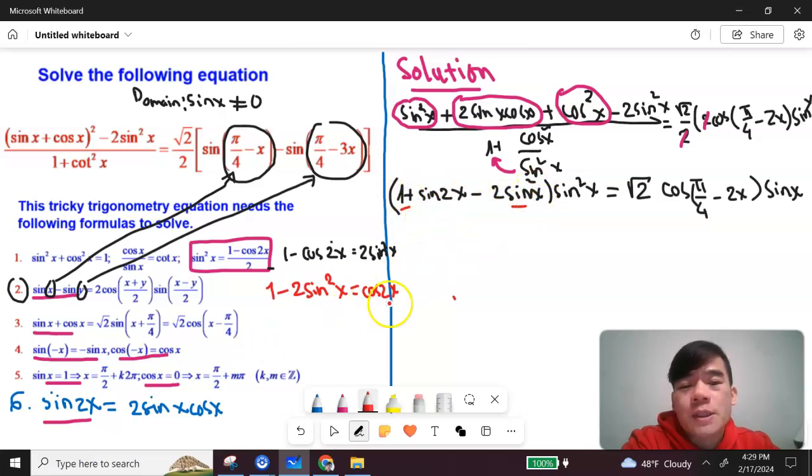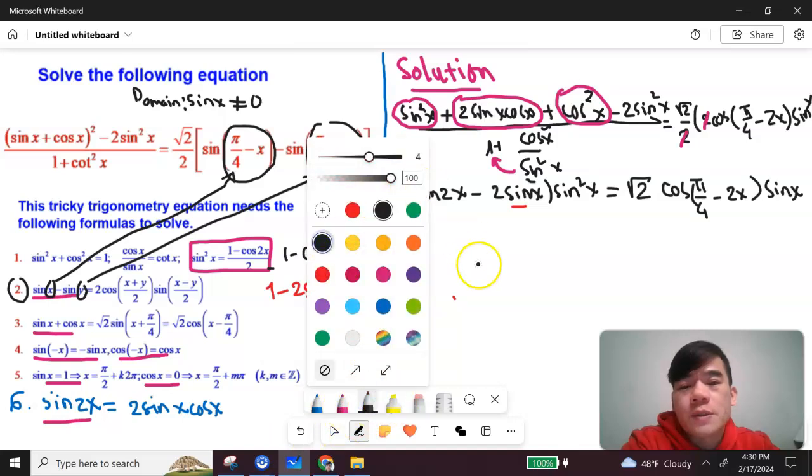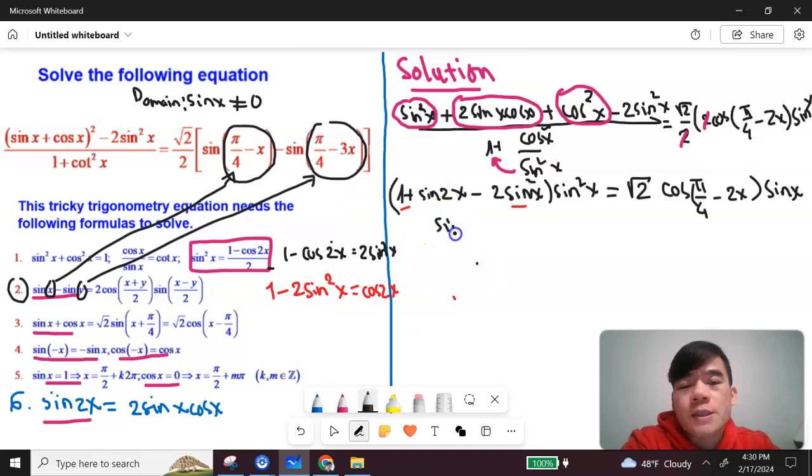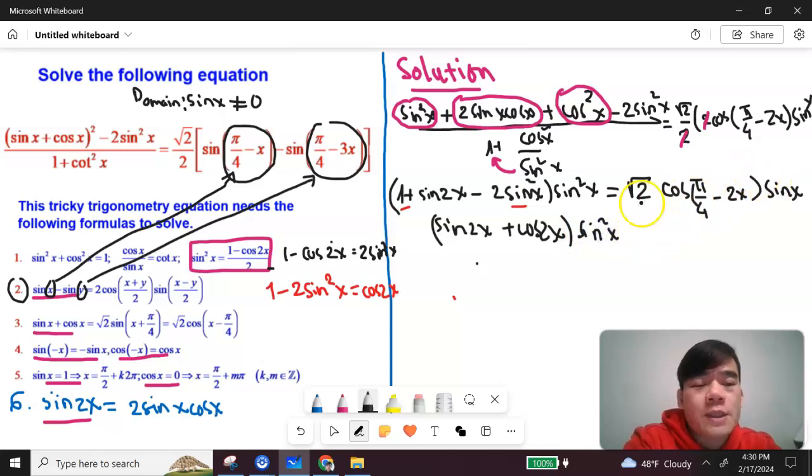So I have sine 2s, sorry, sine 2s plus cosine 2s times sine square of s. Now I subtract root 2 cosine of pi over 4 minus 2s sine s from both sides.